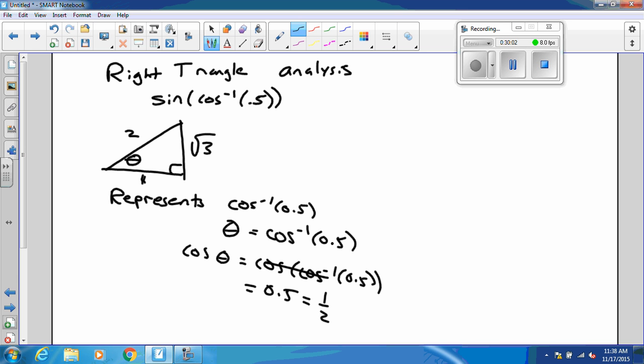You should have figured out that this side is root 3, am I right? If you got root 5, you weren't being careful. And so now the sine of this angle is opposite over hypotenuse, which is equal to root 3 over 2. And we're done. So a geometric analysis, not an algebraic analysis, is able to carry this home and find these kinds of expressions.